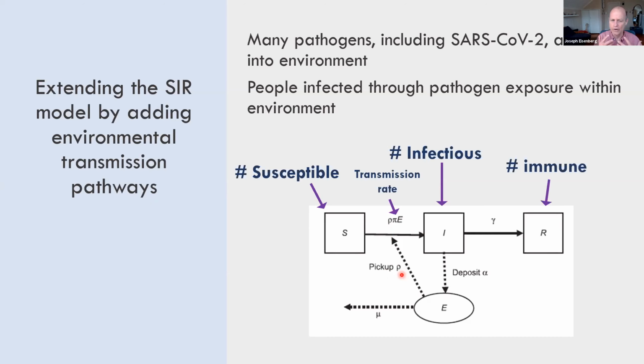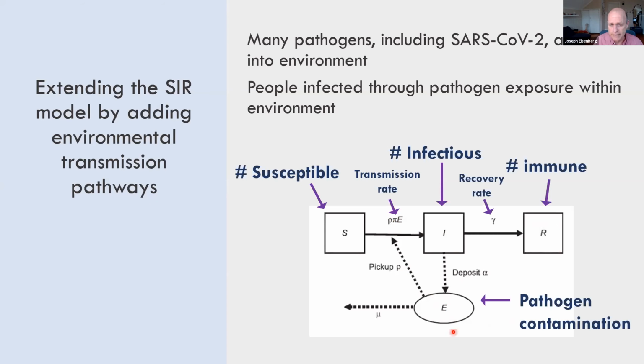Again, wearing masks can attenuate the amount we inhale. We've got this pi, which is our infectivity that we talked about before, and then E, which is the amount of pathogens in the environment. And then we've got the recovery rate that we have talked about before: after being infectious for a period of time, people become immune.